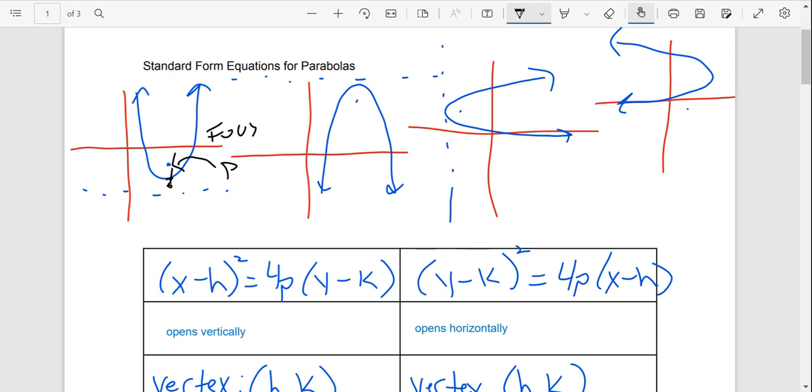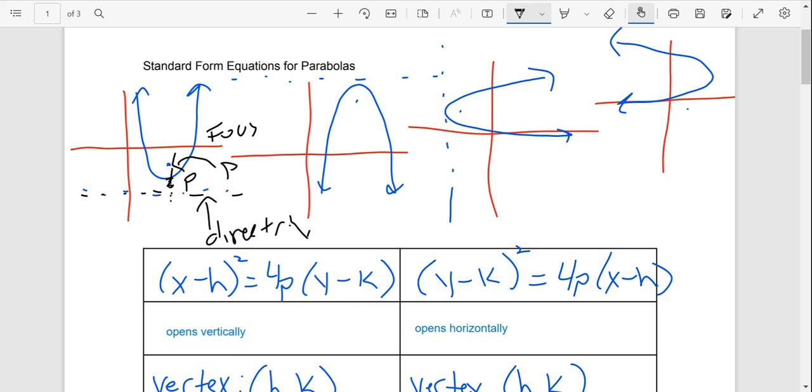All important things. Now, before I get to what the focus does, I'm going to point out this dotted line right there is your directrix. And what's neat is that your distance from your vertex to your directrix is also equal to p. Now, why is this relevant?